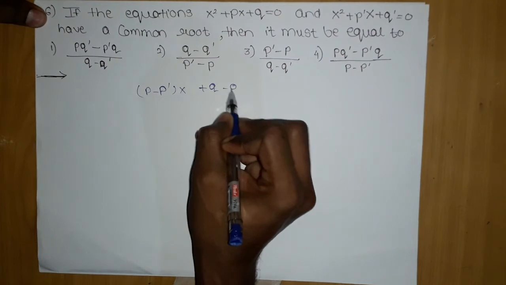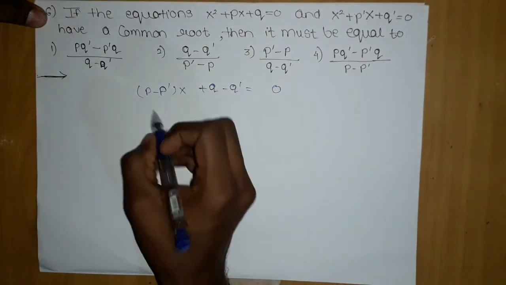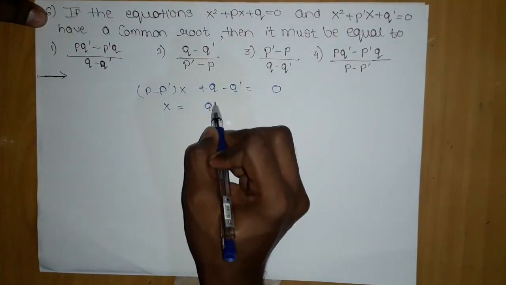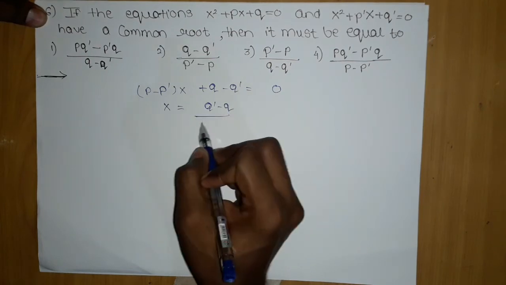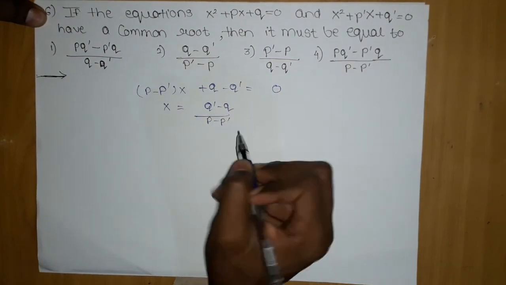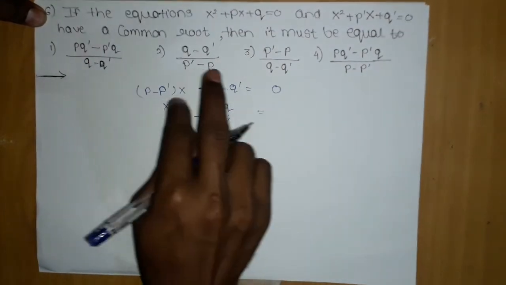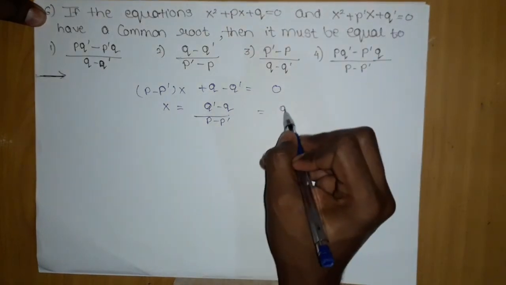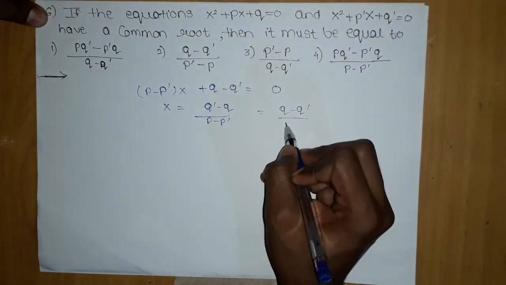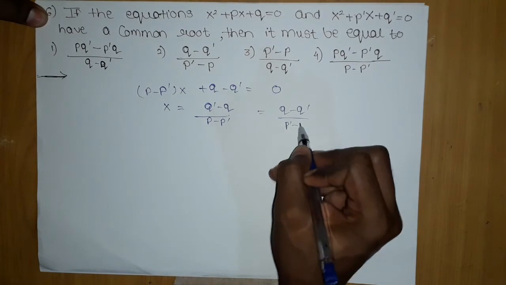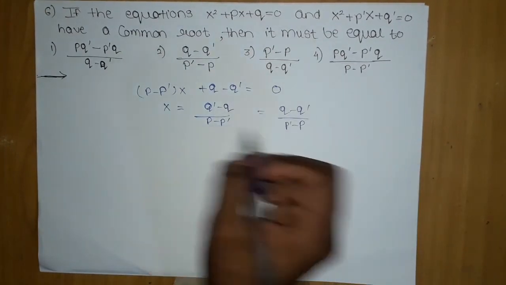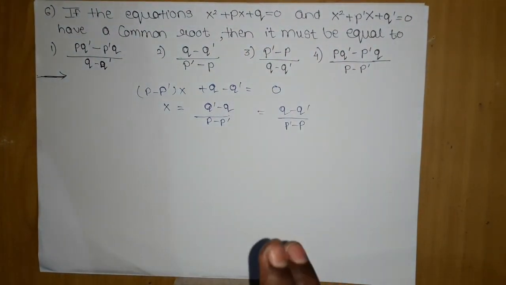Q minus q dash equal to 0. So we got the common root, which will be q dash minus q upon p minus p dash. If I just replace the terms, we can match the option: x equals q minus q dash upon p dash minus p. So we got this answer. Now what can we do further?